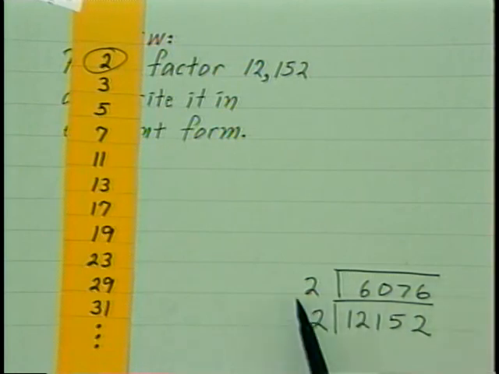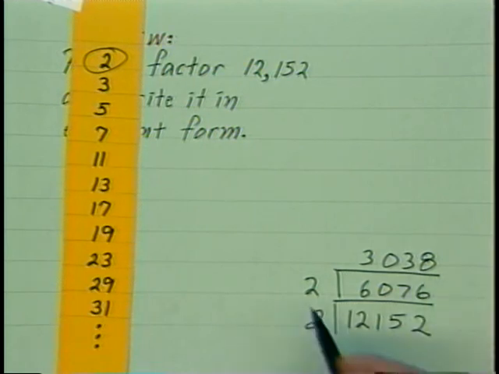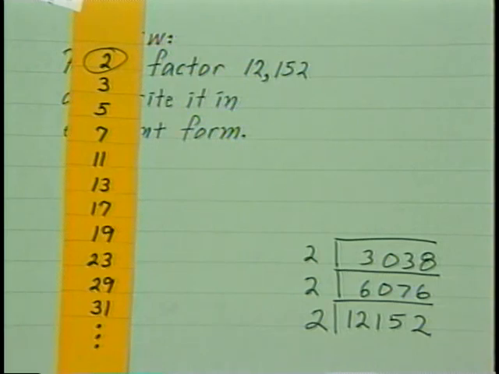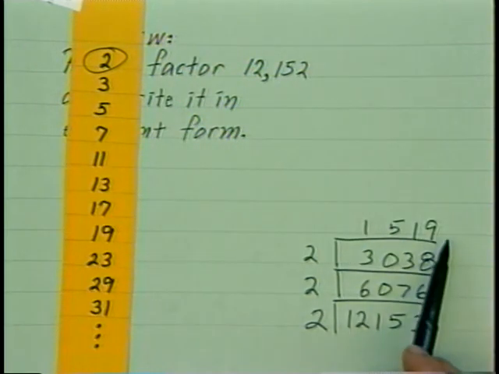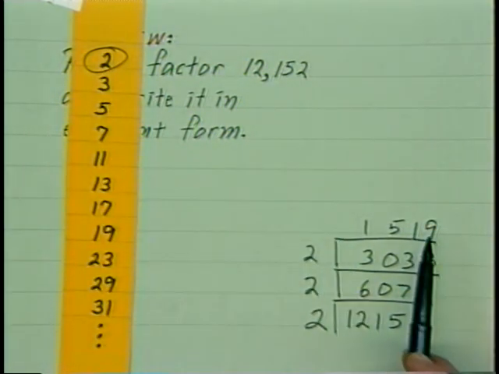So dividing this by 2, we get 3,038, which is still divisible by yet another 2. So dividing a third time, we get 1,519, and we have carried the 2's as far as we can.